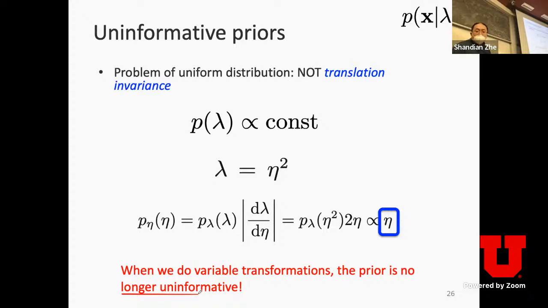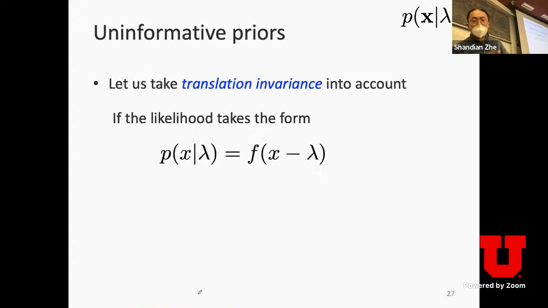So this tells us, although the uniform distribution is a nice choice of uninformative prior, it does not mean it's perfect. It also has some deficiency. To address such a deficiency, like the translation invariance problem, we consider what kind of prior can guarantee translation invariance.